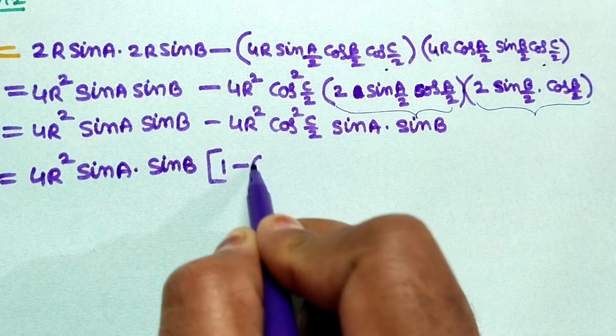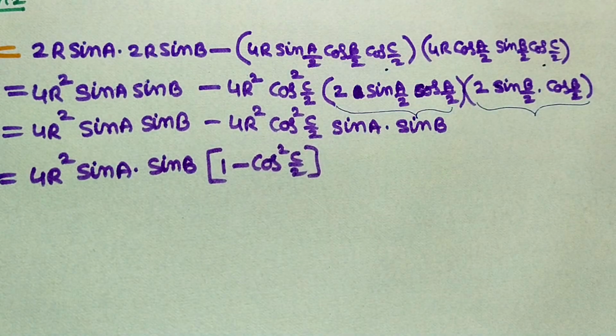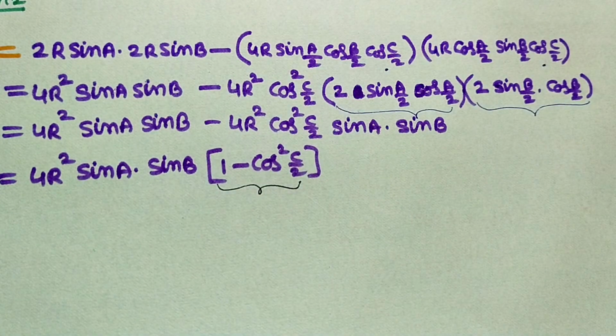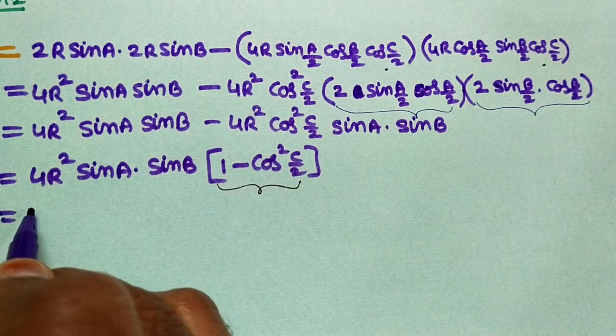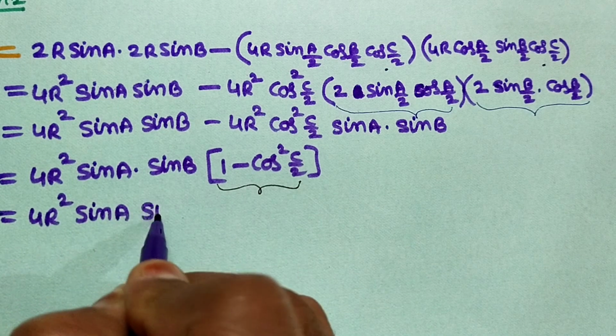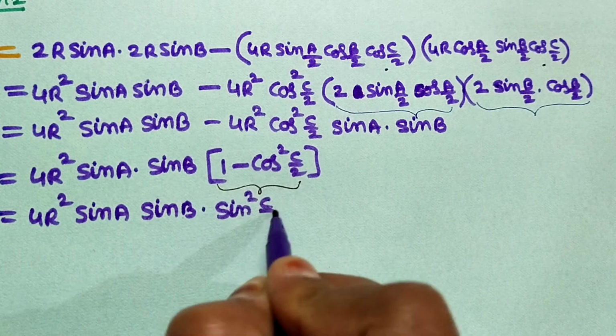Here 1 minus cos square C by 2. We know that 1 minus cos square C by 2 is equal to sin square C by 2. So which is equal to 4R square sin A sin B, this value is sin square C by 2.